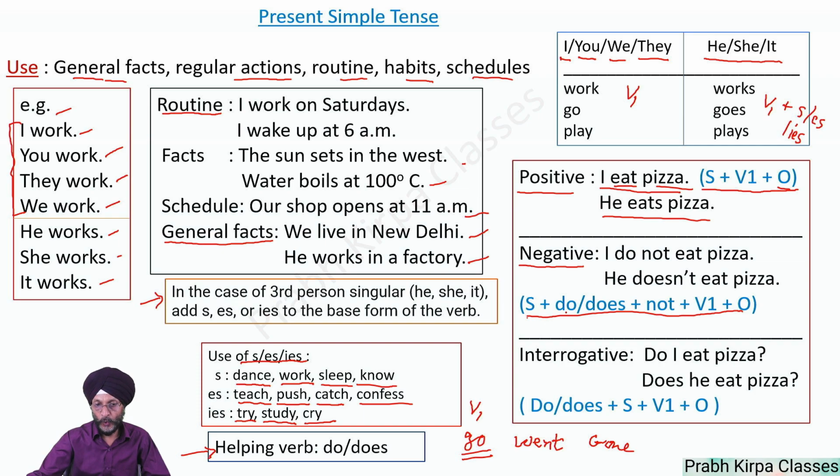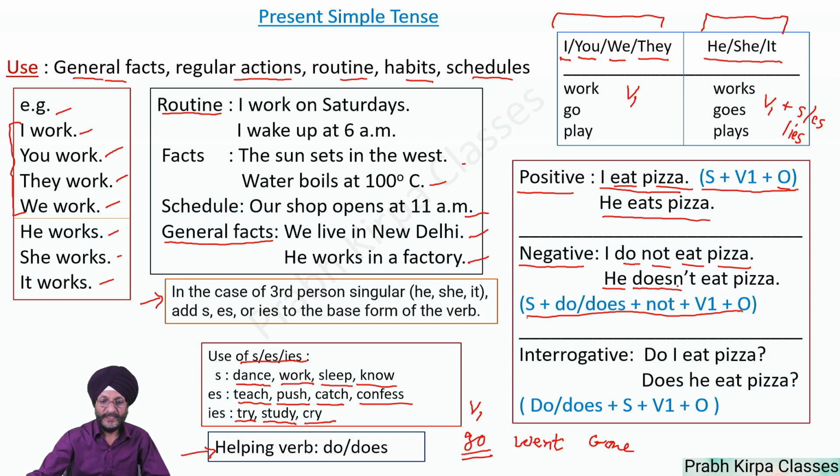We add do in the case of I, you, we, and they, and we use does in the case of he, she, it. Then we add not. Then we use the first form of the verb and then add the object. I do not eat pizza. Then comes the second example. The subject in this case is he.